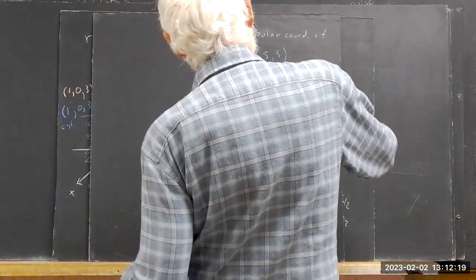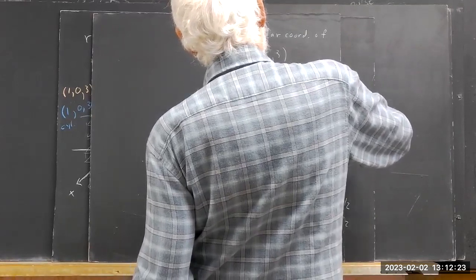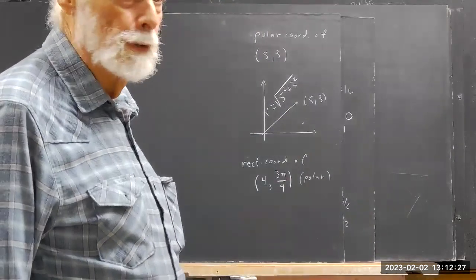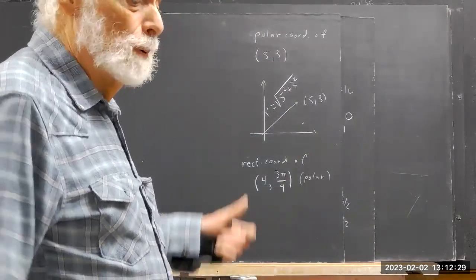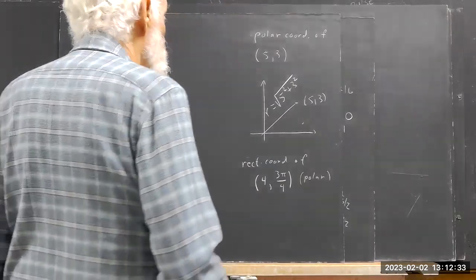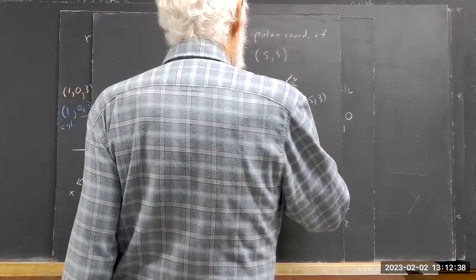R is the square root of 5 squared plus 3 squared. It's the square root of 34, about 5.83. Okay. Here's theta.